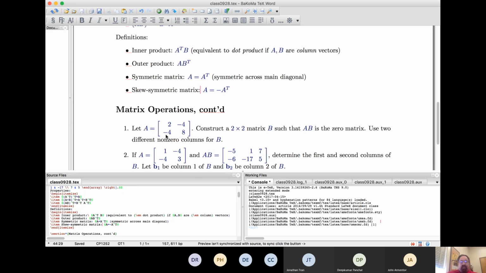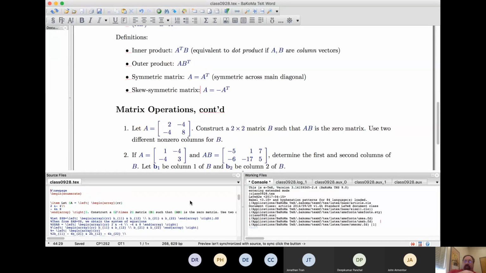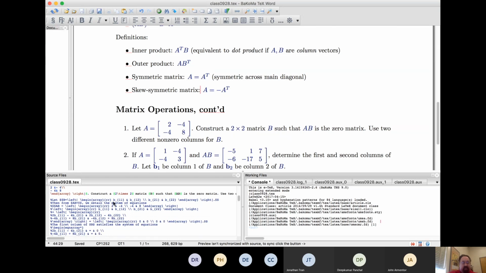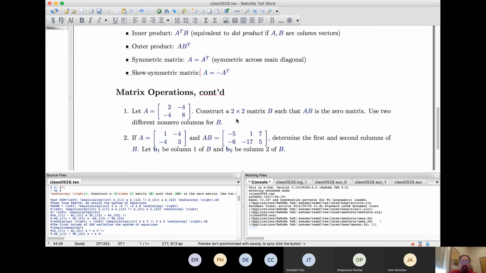So in this problem we have a non-zero matrix A, and what it's asking for is finding a 2 by 2 matrix B so that A times B, which is also a 2 by 2 matrix, will turn out to be 0. So this gets to something you dealt with in the first chapter, and that is solving systems of equations in which the right-hand side is the 0 vector and coming up with a non-trivial solution. So what I'm going to do is find a matrix B that makes this happen, and it's not unique.